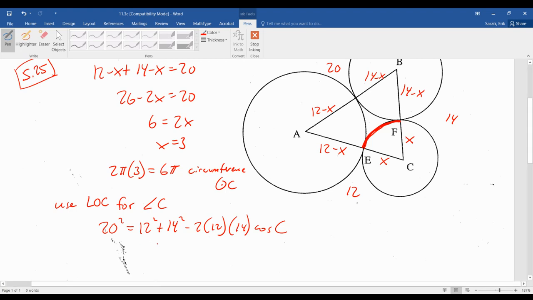If I move this over and that over by subtracting, I'm going to have 60 equals negative 336 cosine of C. So I want to do inverse cosine of 60 over 336.